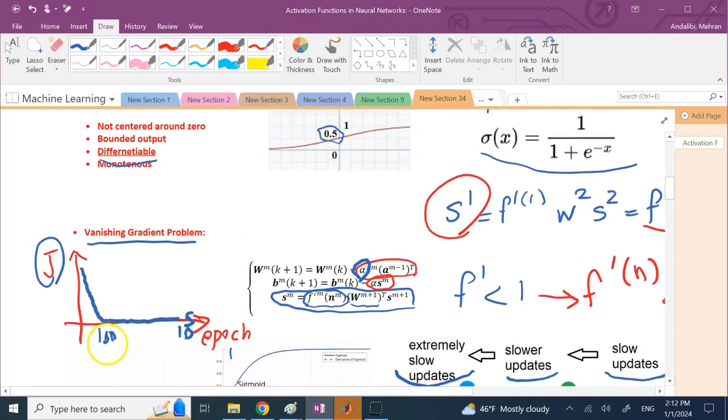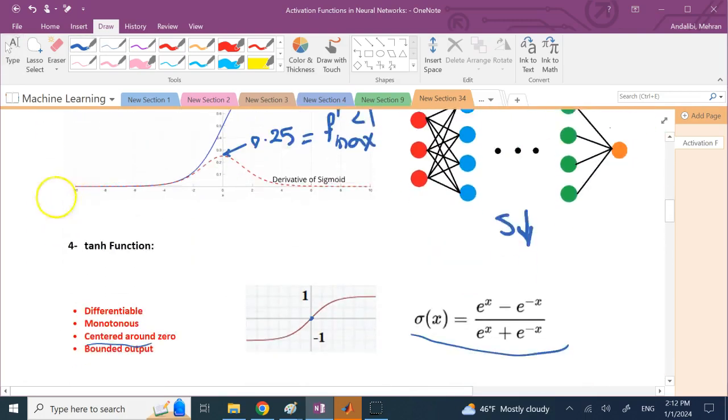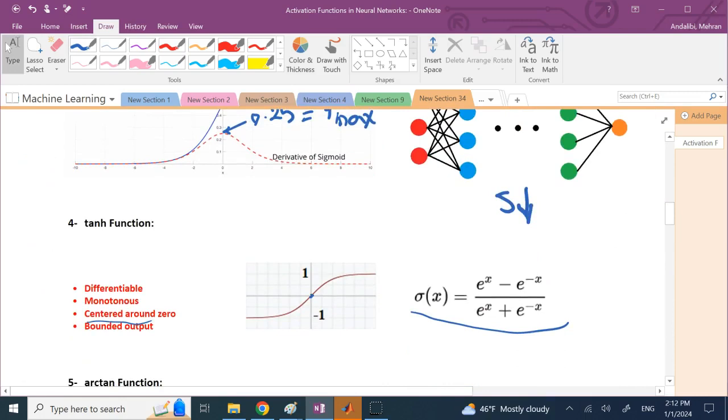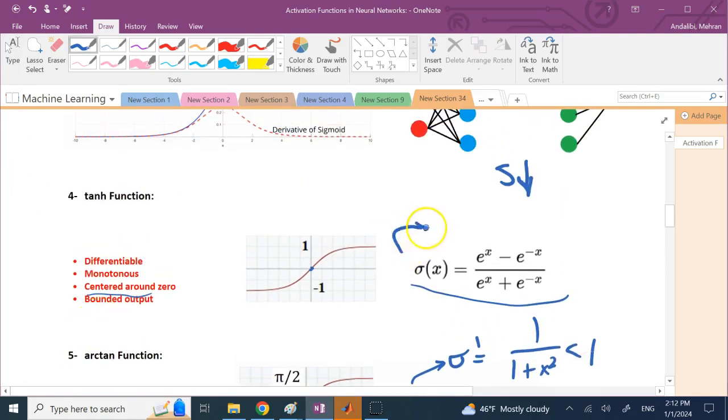Okay, and for the sigmoid function, clearly this is less than 1, and for arctangent, what is it? The derivative of arctangent, sigma prime, is 1 over 1 plus x squared, right? And again, this is always less than 1 as well. What's the derivative of tangent hyperbolic? Well, we can find that as well, right? All you need to do is to get the sigma prime of this function.